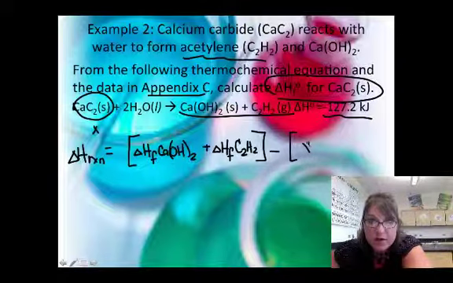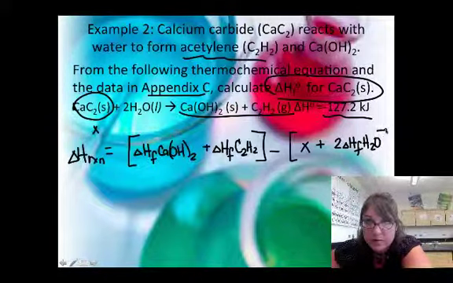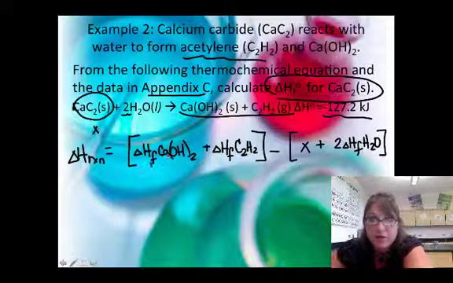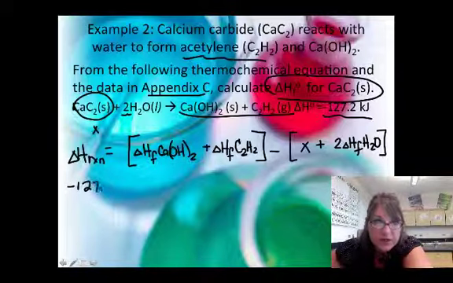So calcium carbide, I don't know, and then water, we have 2 of those. Any other stoichiometry to worry about? I think that was it, just the water. Yep, has a 2 here, and everything else is 1, 1, and 1. So the heat of my reaction is negative 127.2 kilojoules.